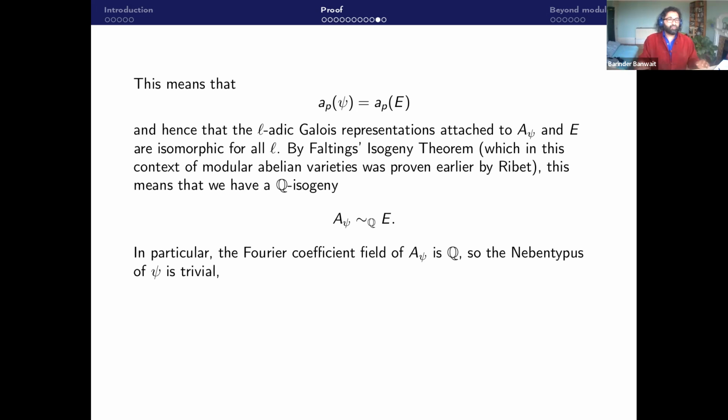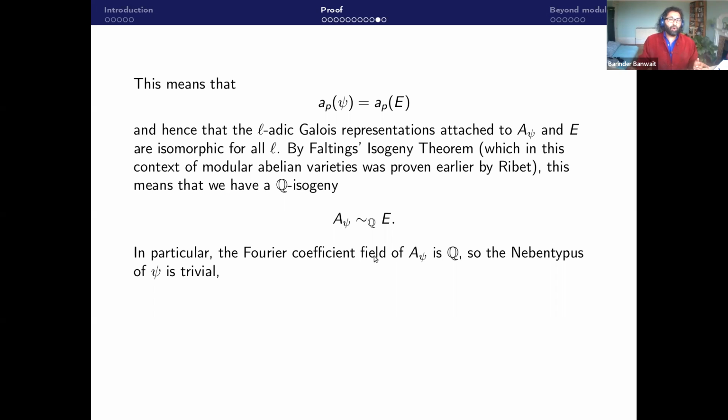So chi should be trivial there. And so if we can show that this newform psi that we've identified has trivial Nebentype, then it must already be coming from Gamma_0(n).